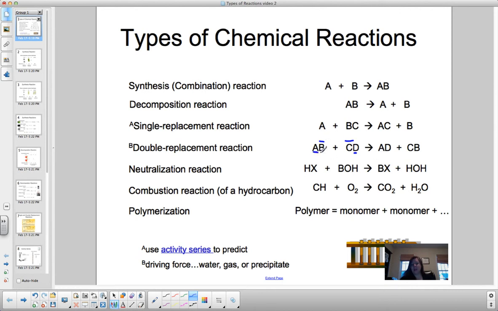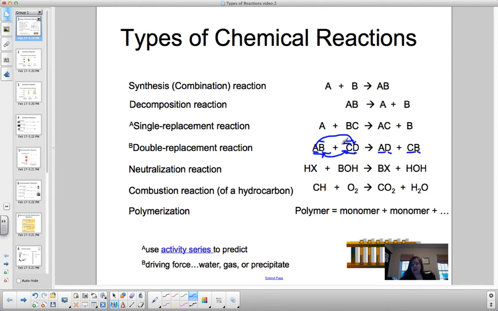I think of it as like a double date. You go with one couple and then there's a second couple, but then these end up liking this person better, and these two like each other better. So they kind of switch partners. A is now with D and C is with B.